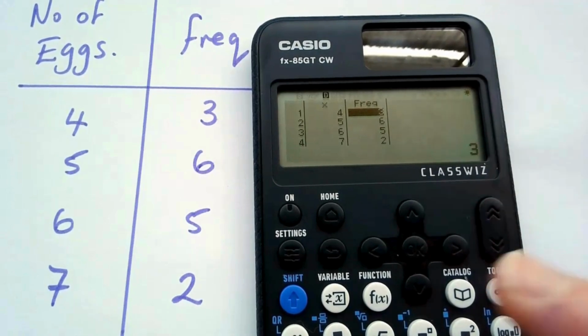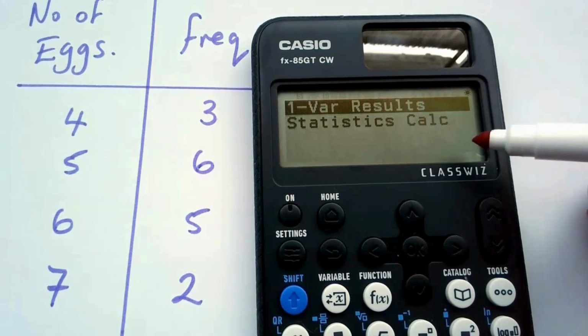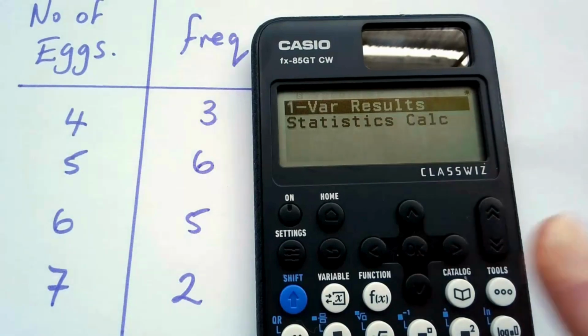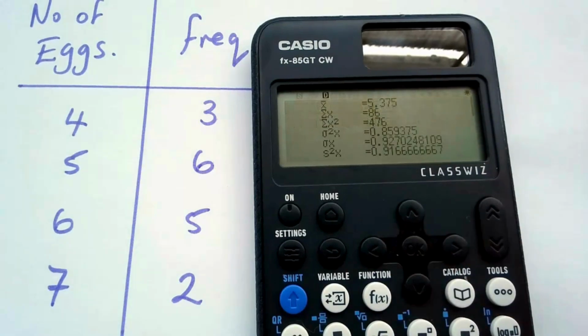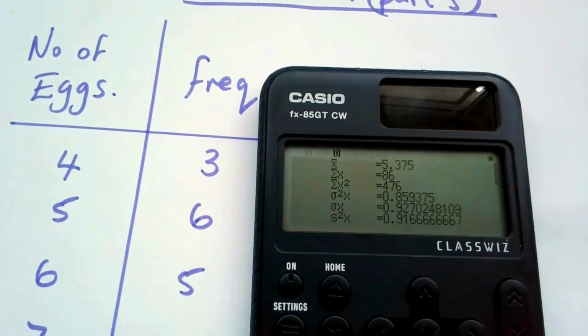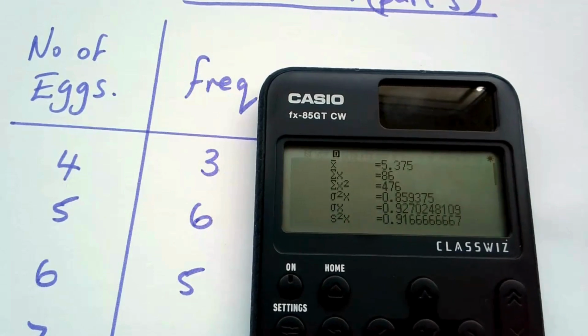Now all I've got to do is press OK, and it gives me this choice. I'm going to want the results from that, so I'm going to press OK again. And what the calculator does is it just works out all the things. So what you've got to know is what these things are.